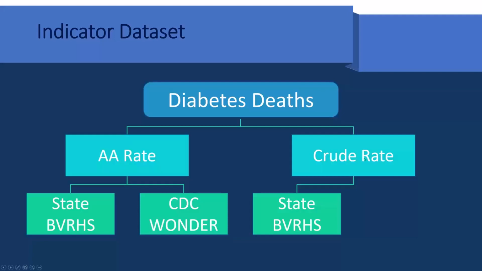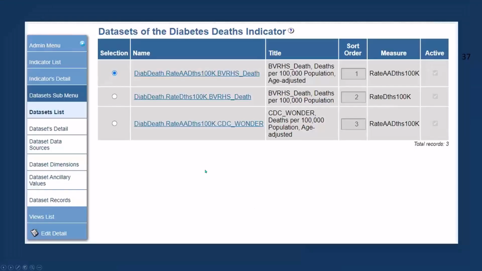Crude rate is only using the state vital records. So for diabetes deaths, the data set list looks pretty similar, except it's just different data sources and different measures and a different indicator. So similar, but totally different.